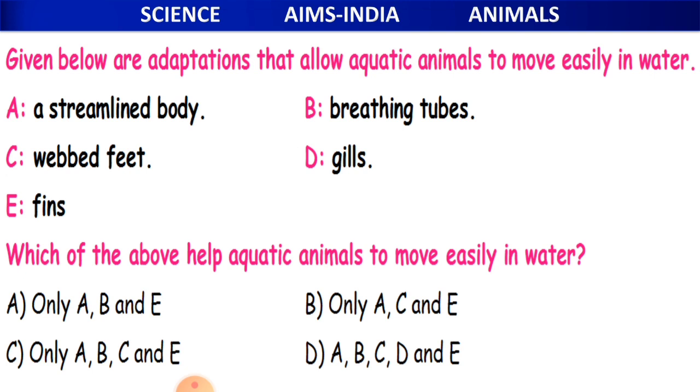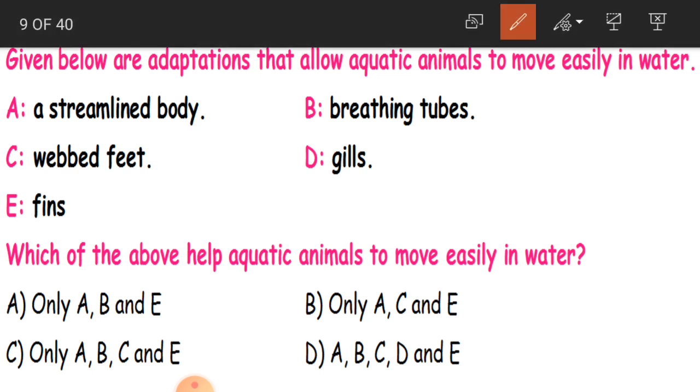Here we are talking about some aquatic animals, and what are their features which make them move easily in water? Whether a streamlined body, or breathing tubes, or webbed feet, or gills, or fins, which are going to help them to move easily in the water.